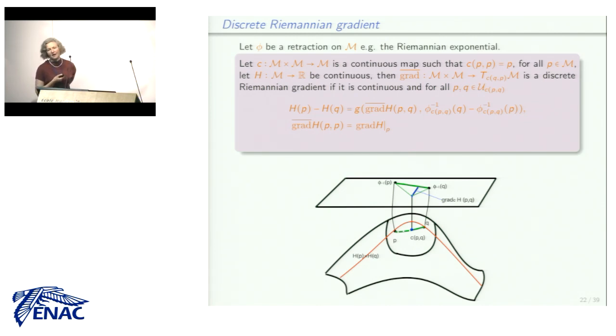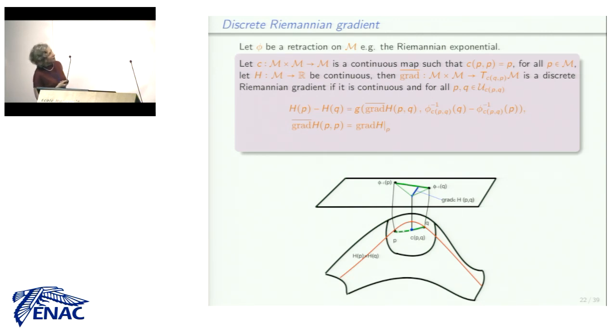I'm not going to be very careful here because it takes too much time to say all the details, but you have two main properties. One property is consistency with the proper gradient. Your discrete gradient will depend on two points, and if you apply it at the two points P and P, then you get back your gradient.